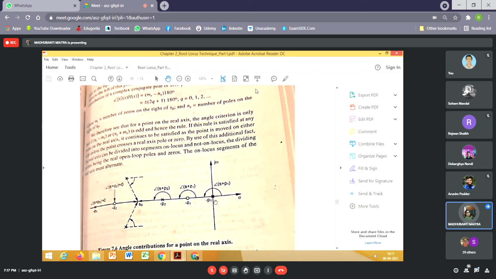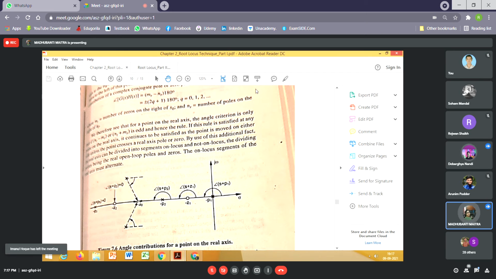So three open loop poles plus zeros are lying to the right of this trial point, and 3 is an odd number, and hence as per the rule, this point will be an on locus point.